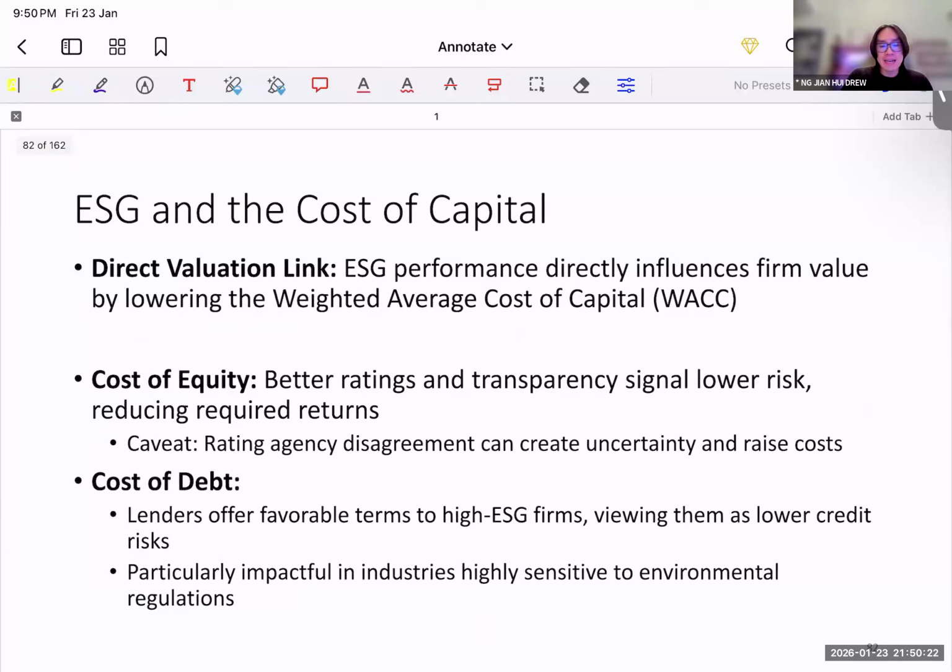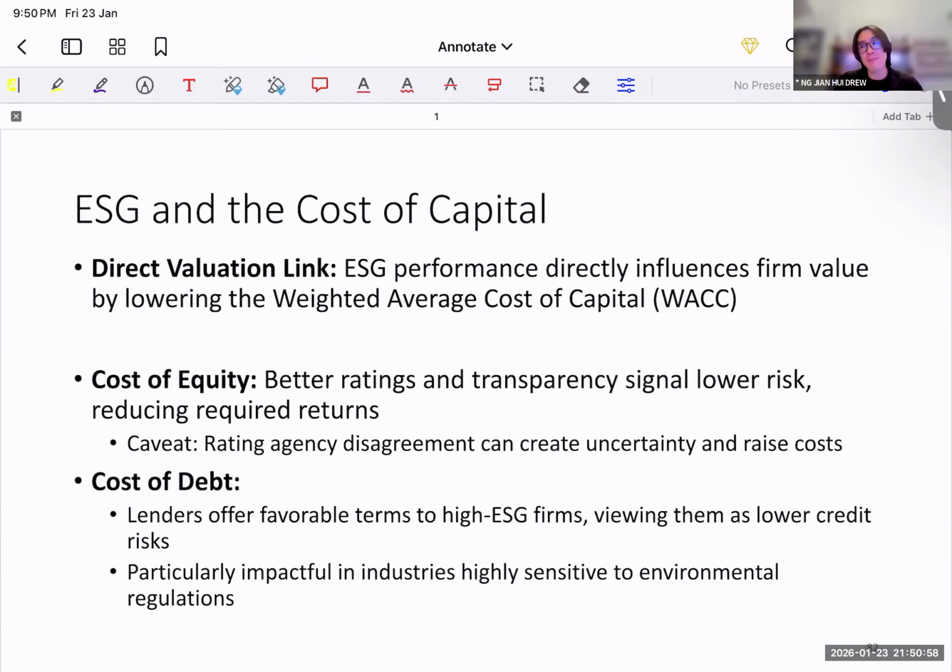We discussed this a little earlier. When we think about valuation, the ESG components become increasingly important. You'll also see this in the questions you might receive in your assessments throughout this course: there is an increasing focus on ESG, in particular for valuation, and how it could reduce your WACC.